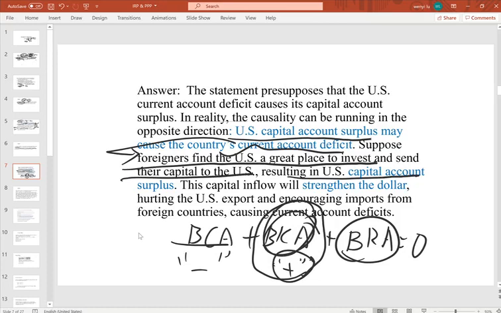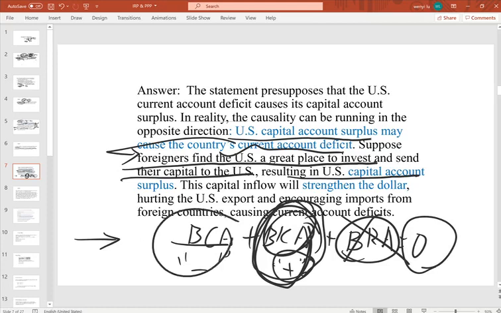We have more export of capital than import. So this one is positive. If this one is positive, to make the equation balanced, if we ignore the reserve account, then the other one should be in deficit, negative.